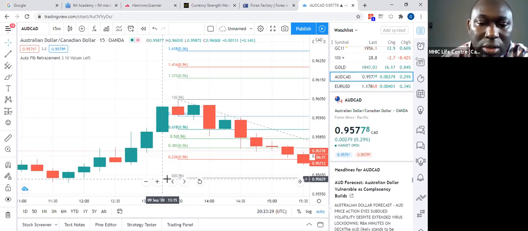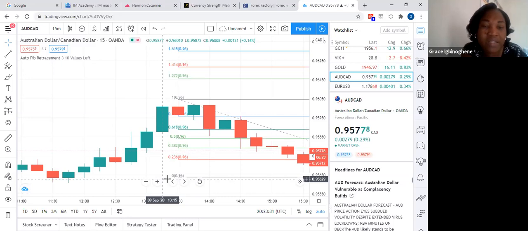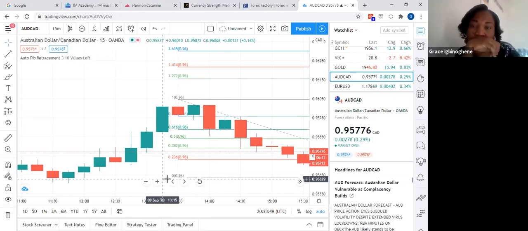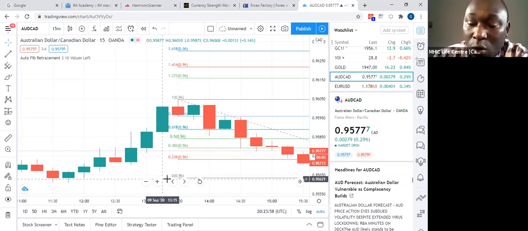The points you need to take note of: 0, 0.382, 0.618, and then 1. It will be like that in every trade.